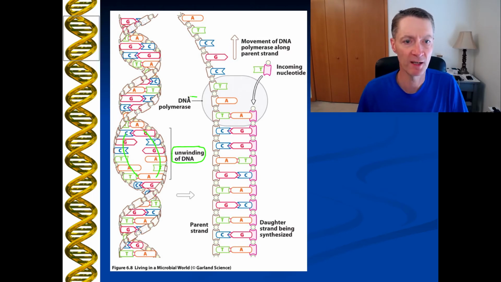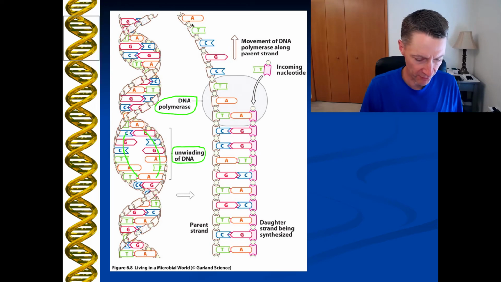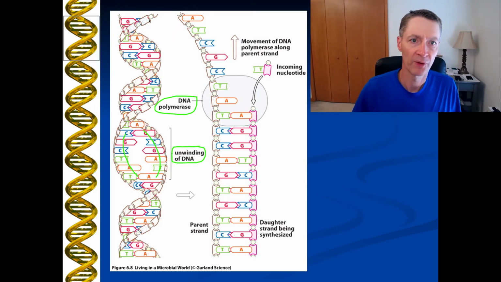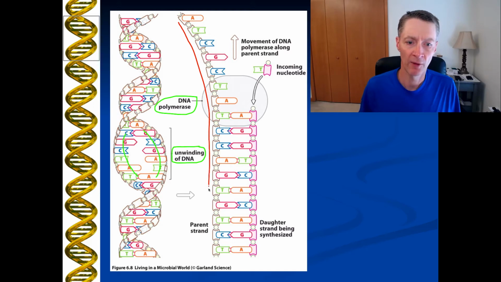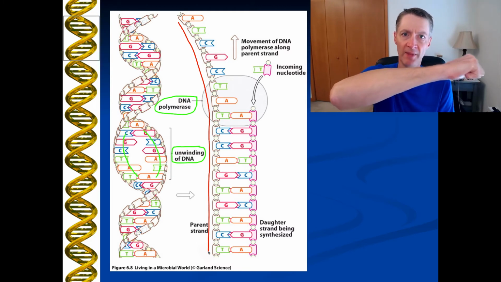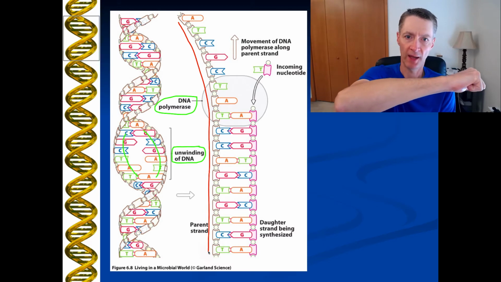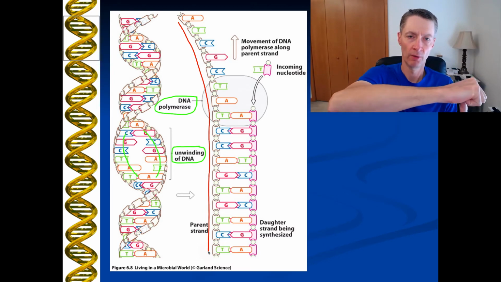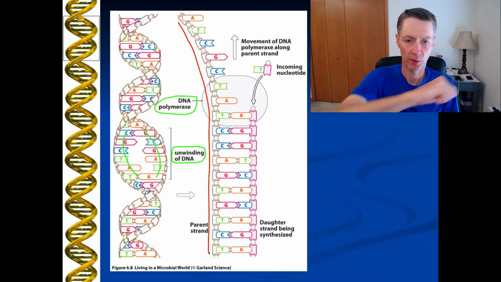So here we have a DNA polymerase, and it is acting upon this strand on the left. So we'll put this in red over here. Okay, so this strand over here on the left is a parent strand. So this would be one of the original strands for a cell that's going through replication. And then on that original strand, you're going to add on these various nucleotides, okay?